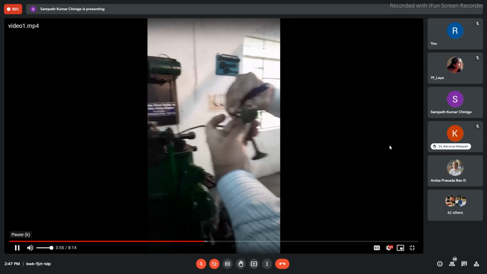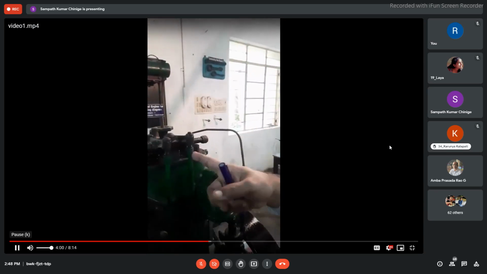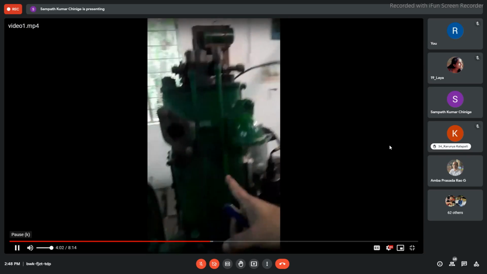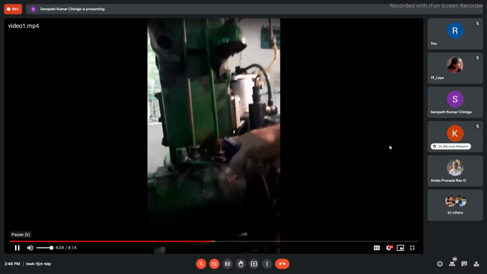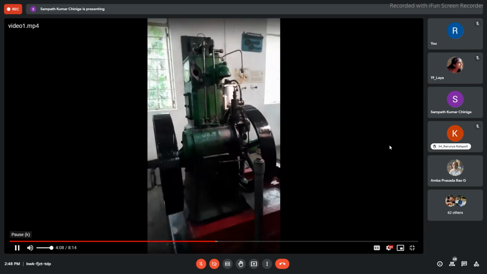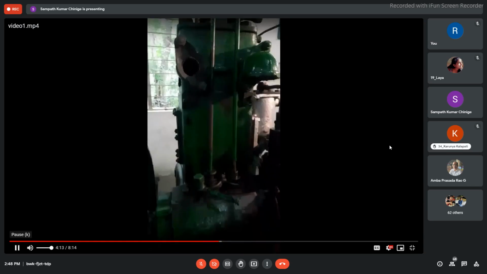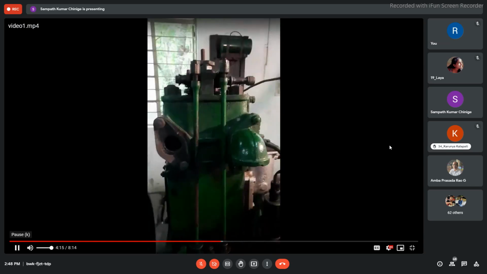This is done. This is like a rocker arm, you see, and this rocker arm is operated by the push rod, and this push rod is mounted on the camshaft. Cams are actuating, allowing the valves to open and close because of the movement of the push rod. So how is the camshaft gaining motion?